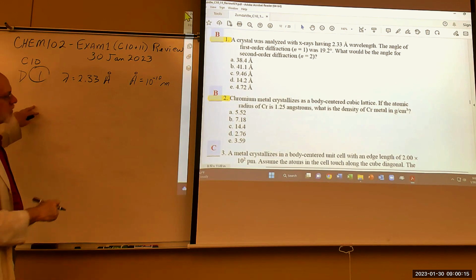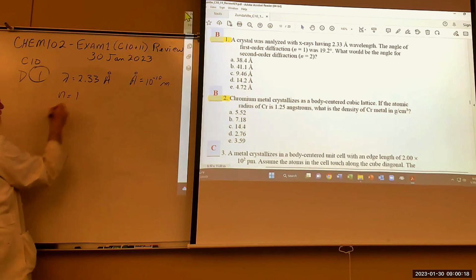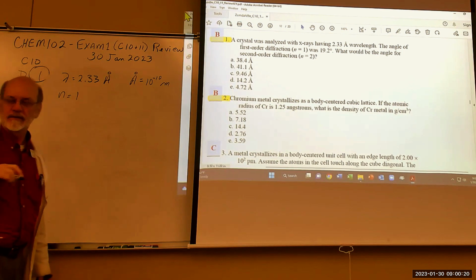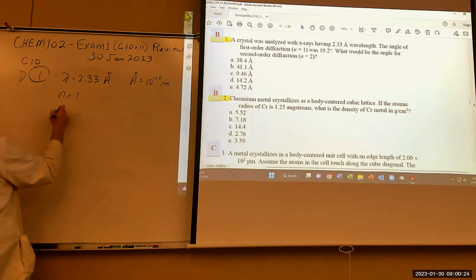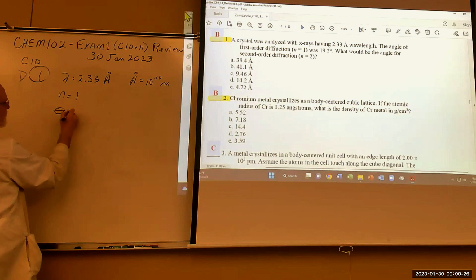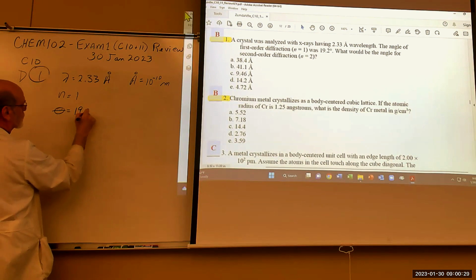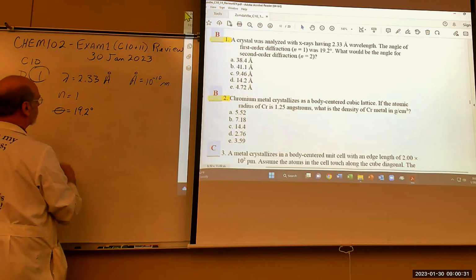Angle first order diffraction, n equals 1. See where this one's going? Bragg equation. And the angle is equal to 19.2 degrees.